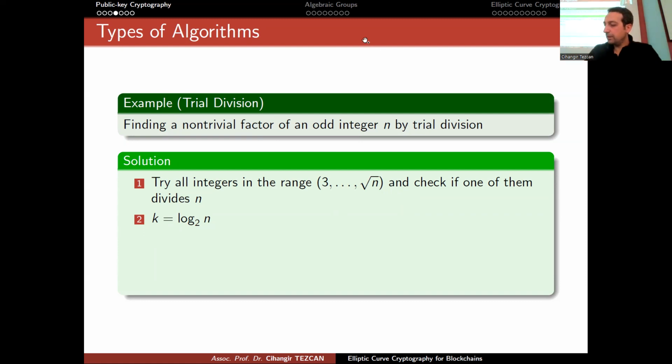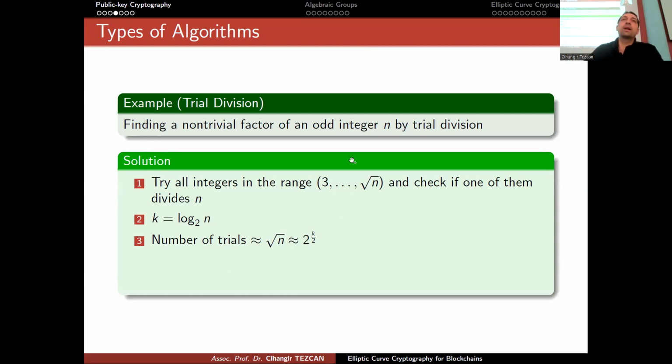So we say that this number N is a k-bit integer. Okay, so we know the k. So input size is k-bit, right? So what I do is perform trials, which consist of approximately square root of N trials. Each trial means that I check if this number divides N.